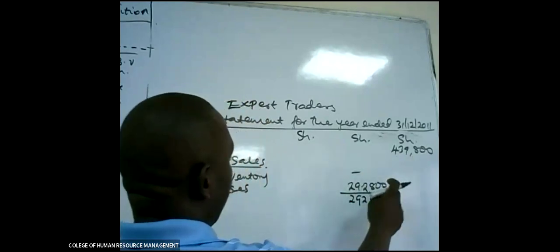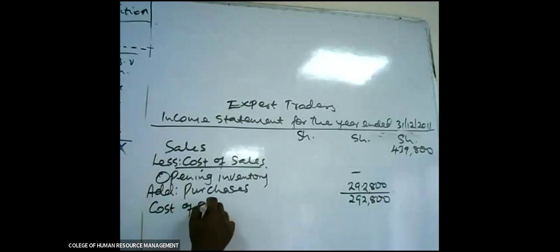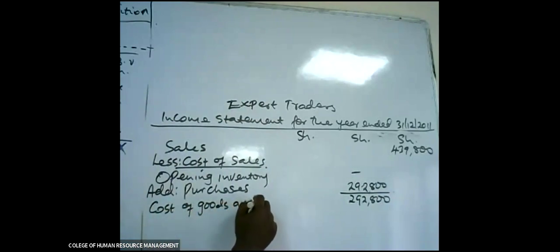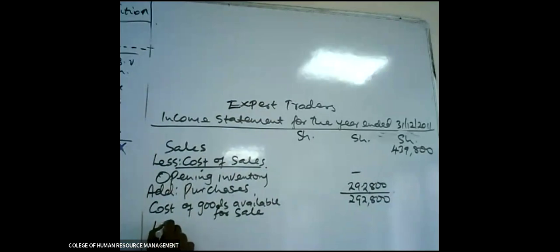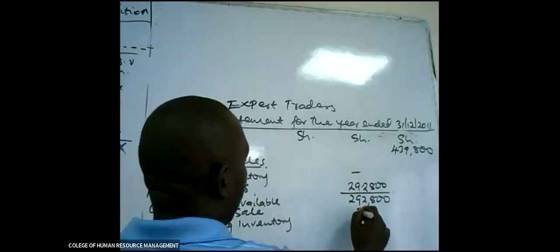Opening plus purchases gives us the cost of goods available for sale. Then from what is available for sale, we deduct closing inventory. Closing inventory is in the additional information, 171,400.